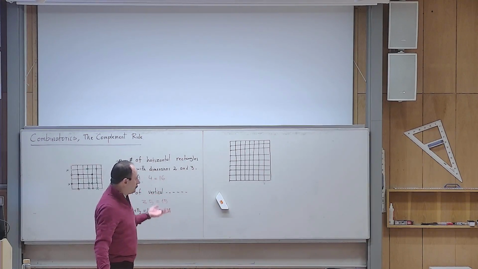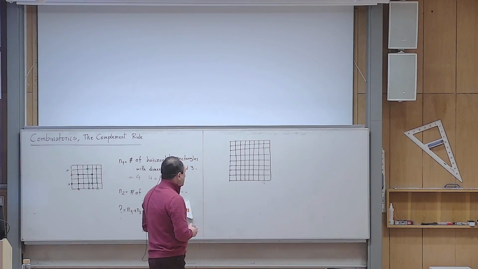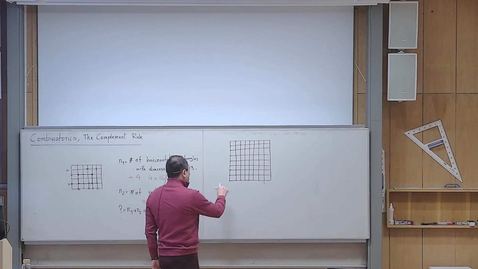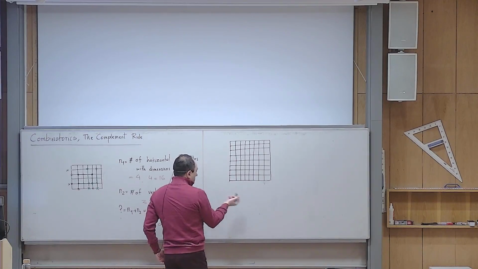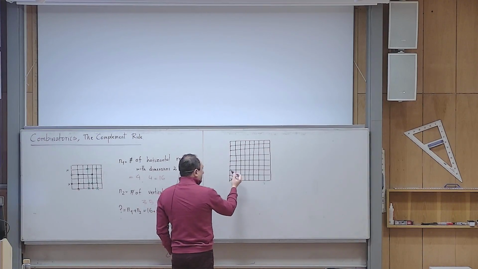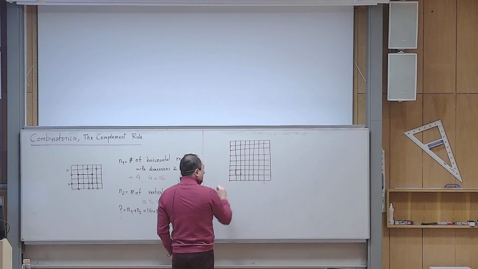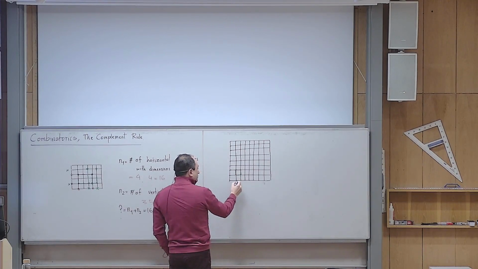Okay, and then you realize what is happening here. Let me start with one by one. Again, the strategy is clear. If I want to have a one by one square, it translates to choosing these 2 points and these 2 points, yes?